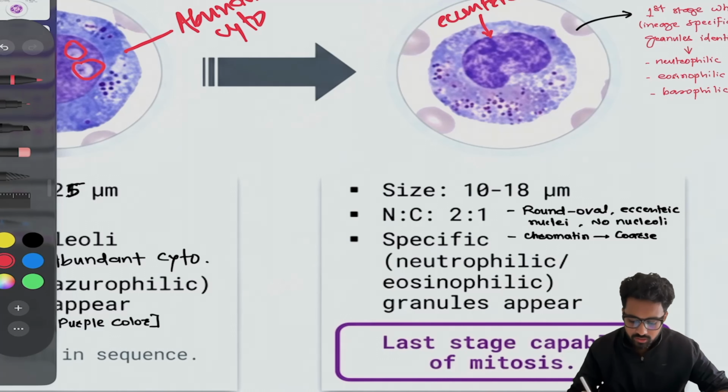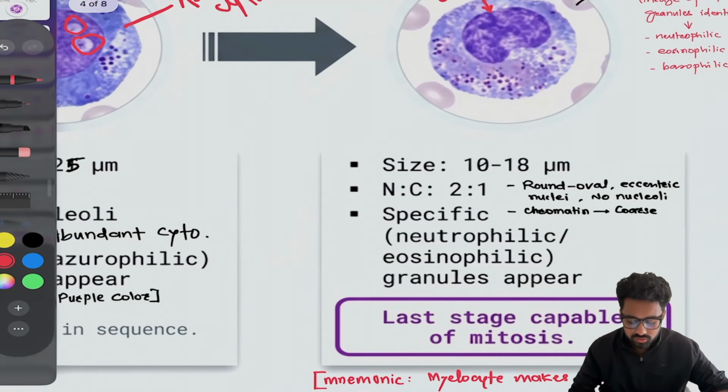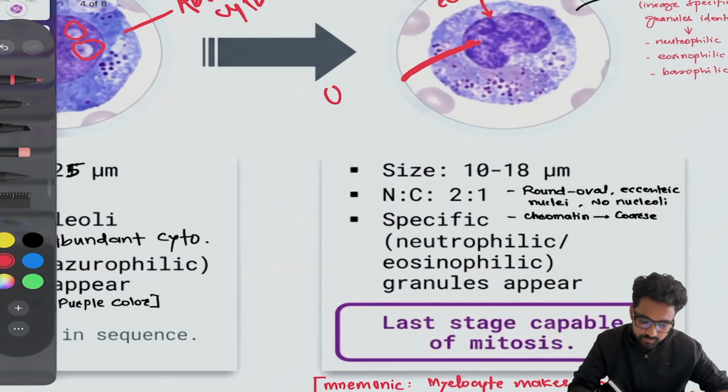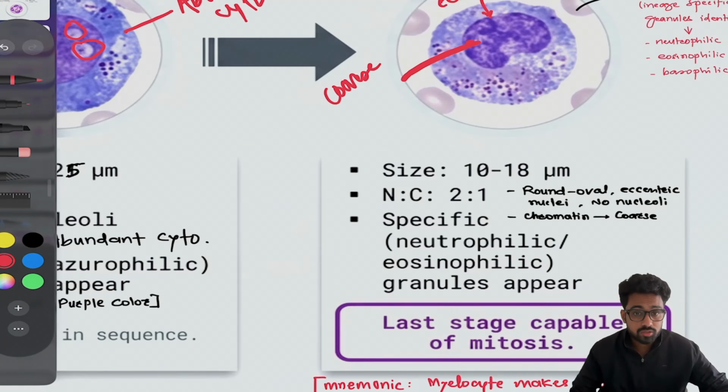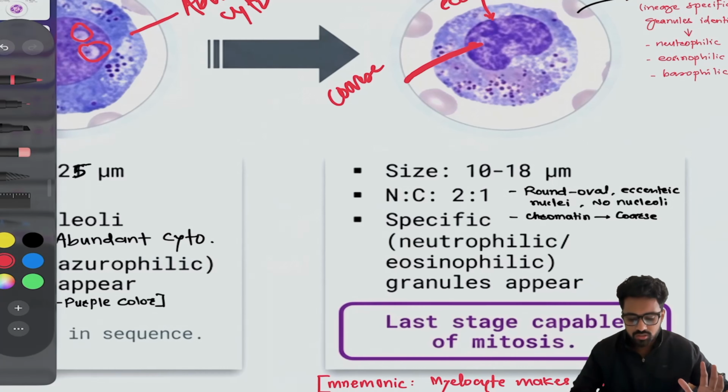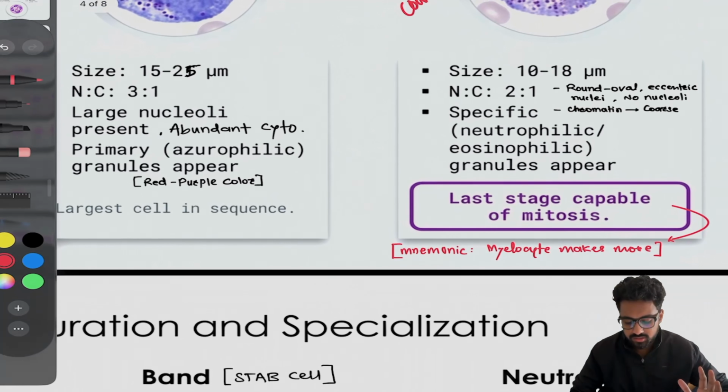There is no nucleoli in the cell. Chromatin is coarse chromatin. Specific granules, also called neutrophilic or eosinophilic granules, start to appear in this myelocyte stage, and it is the last stage capable of mitosis. So it is an important point to remember.